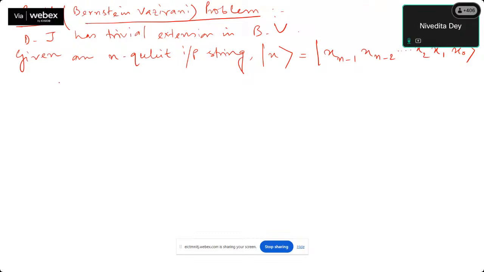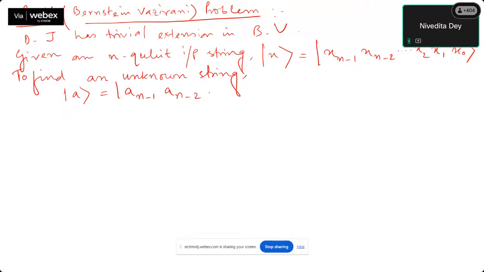And now we have to find an unknown string, say a, such that a also looks like a_{n-1}, a_{n-2}, ..., a1, a0.